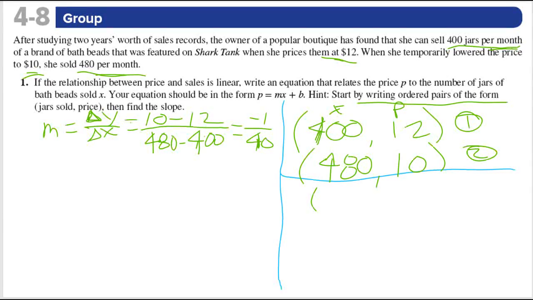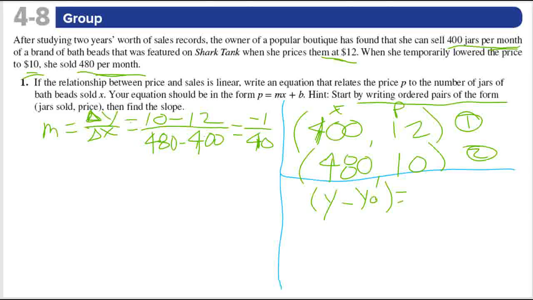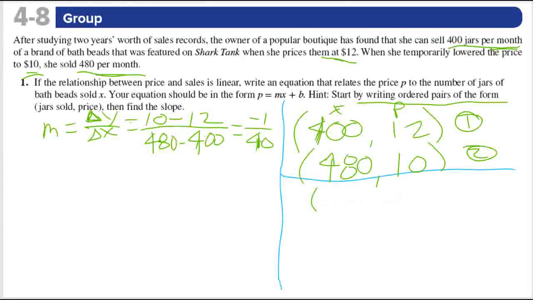So y minus y0, and that y0 is a known value. Y is a flexible value, and I'm just deciding I need to do p instead of y.